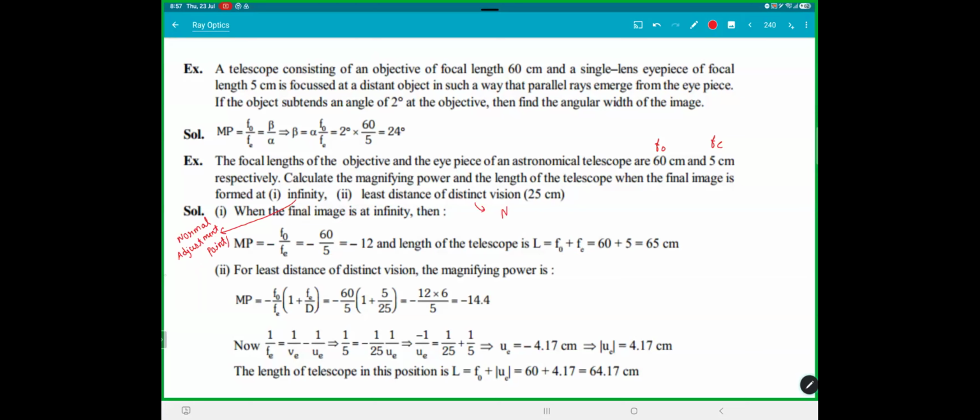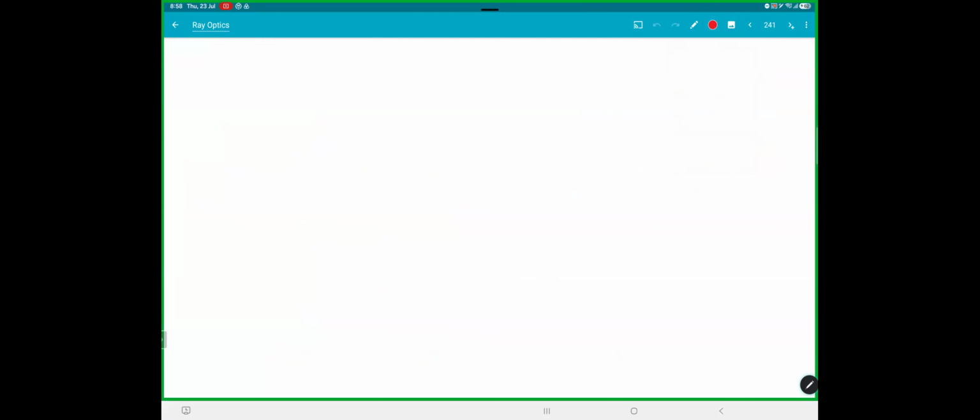The second one, distance of vision, this is your near point. Sorry, this is the far point. This is your near point. It means in this case the observer thinks the image is at capital D. So this is how the picture looks. And remembering the formula, if you can derive it, that will be easy to remember.